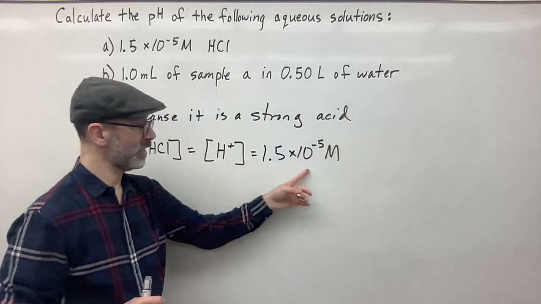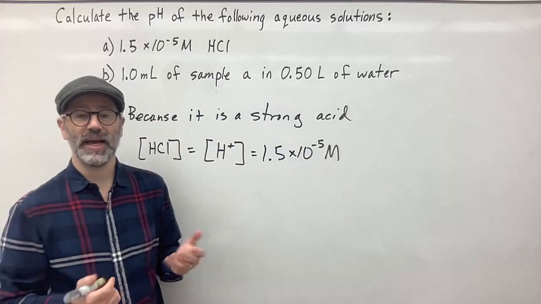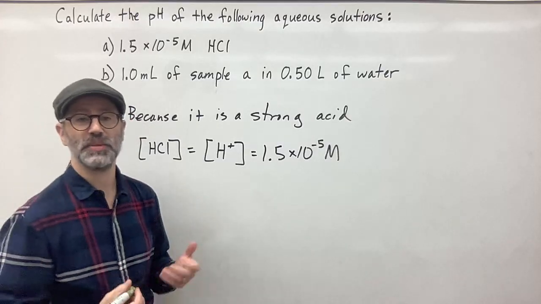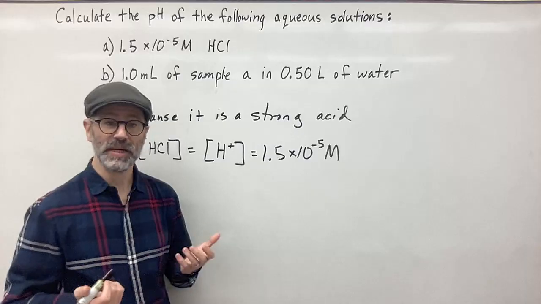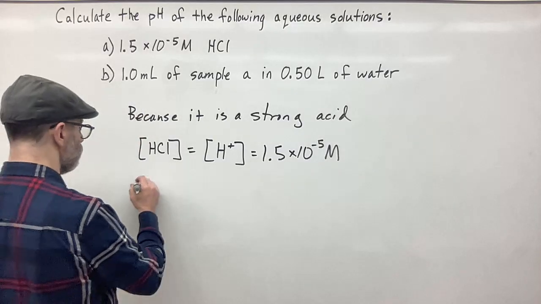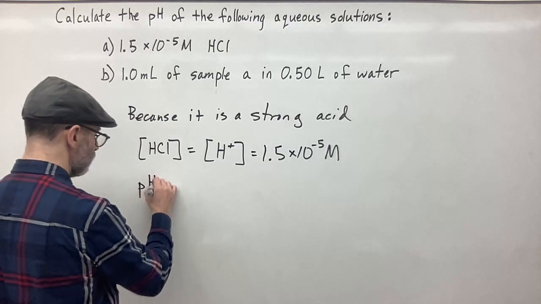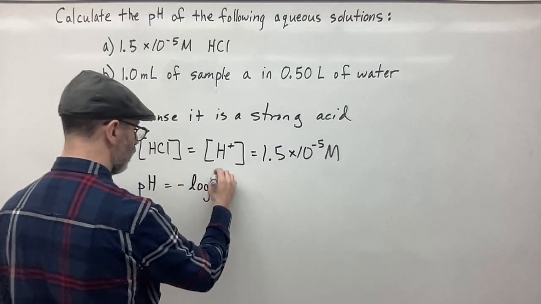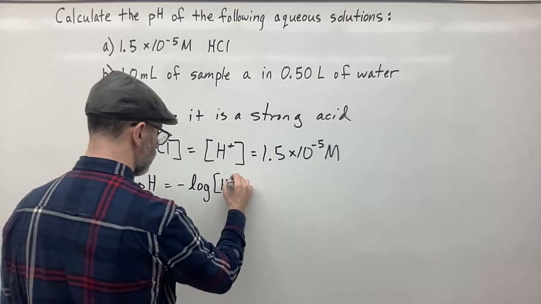Okay, so since we got that, finding pH is just finding the negative log of the H plus concentration, because that's what pH means, right? So pH is equal to the negative log of the H plus concentration.